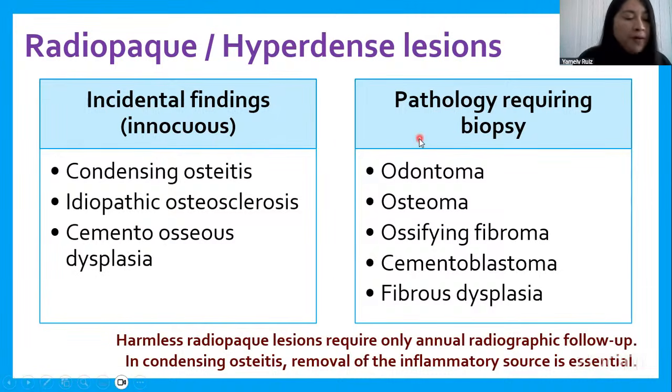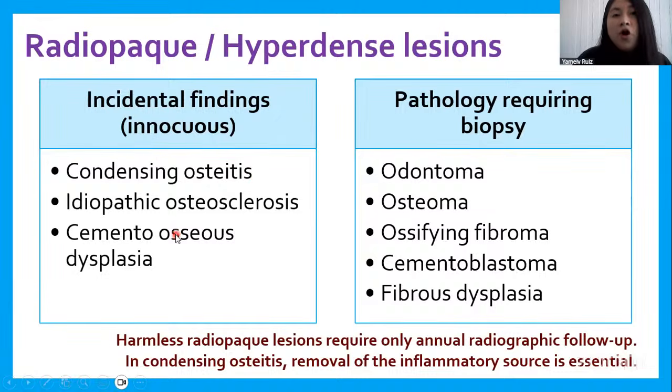And the other group are pathologies where a biopsy is required for the diagnosis. In this group, we have entities like odontoma, osteoma, ossifying fibroma, cementoblastoma, and fibrous dysplasia.